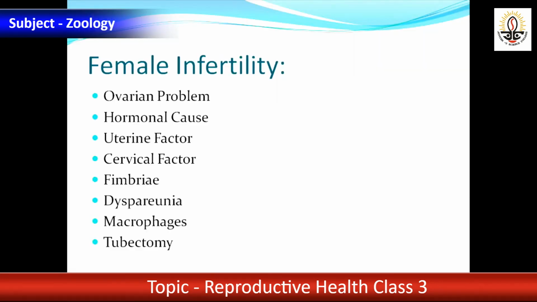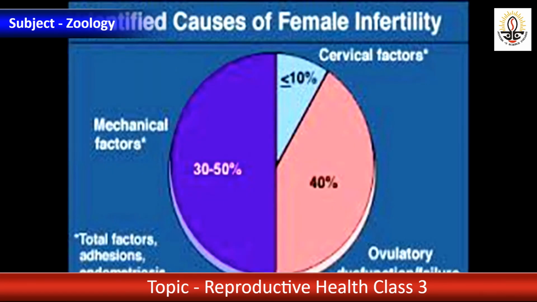Now female infertility, I told you: ovarian problem, hormonal cause, uterine factor, if there is a problem in the uterus, cervical factor, cervicitis, elongation of cervix, fimbriae, lack of picking of the secondary oocyte, dyspareunia, pain in sexual intercourse, if the macrophages are there in vagina, and then tubectomy.